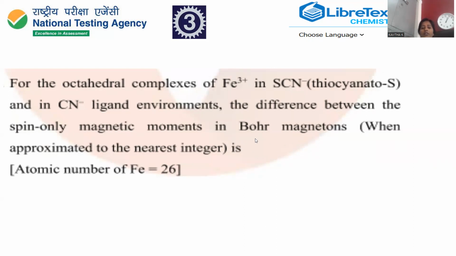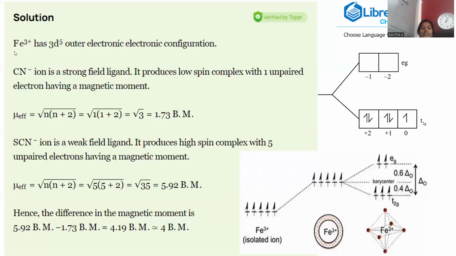The atomic number of iron is 26. To solve this, Fe3+ is a 3d series ion, and when 3 electrons are lost, the outer electronic configuration for iron 3+ is 3d5. CN- is a strong field ligand.